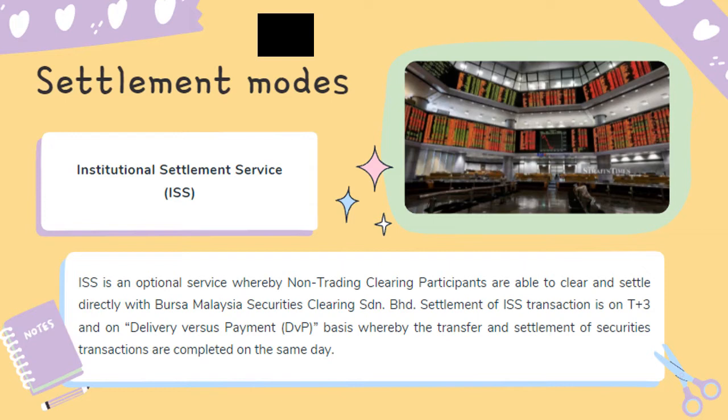What is the meaning of plus 3? Plus 3 means that you have to deposit your money. This is in the case of the buyer side. You have to deposit your money in 3 working days.